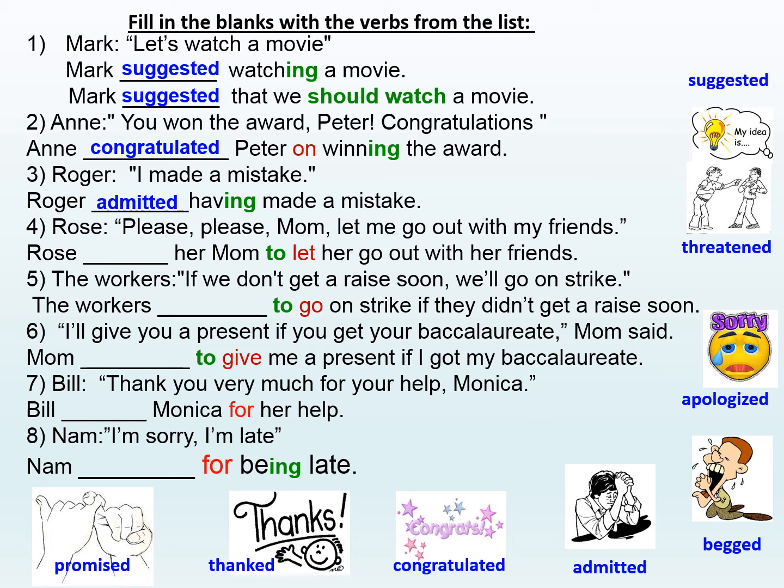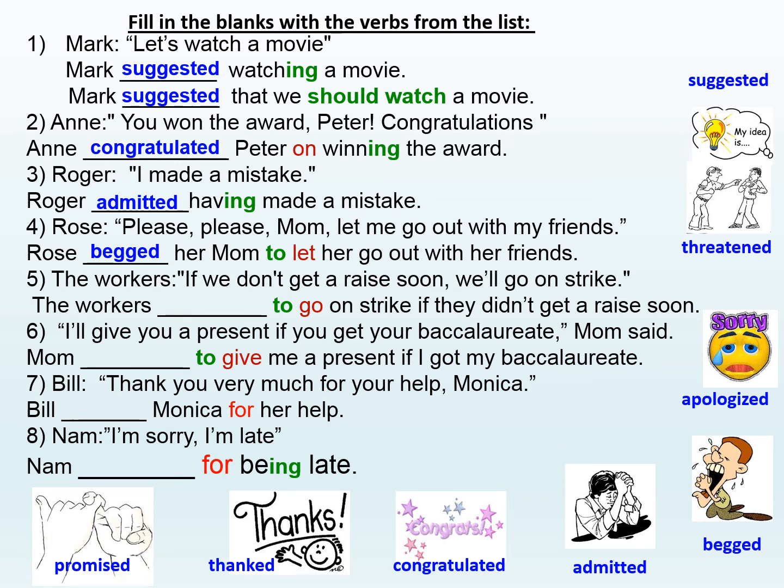Number 4, Rose. Rose said, please, please, Mom, let me go out with my friends. So when you say please, please, this is begging. So Rose begged her mom to let her go out with her friends. So beg is followed by infinitive.